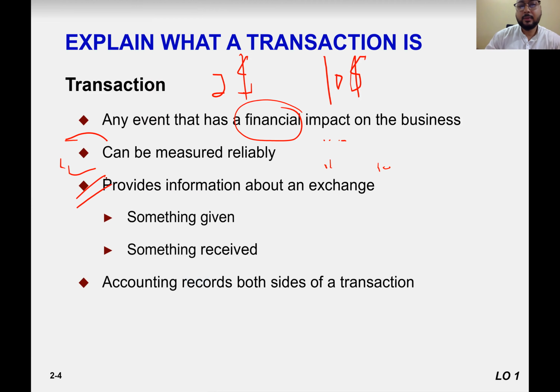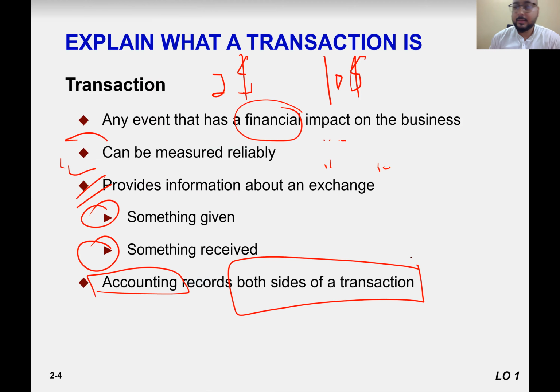And remember, a transaction provides information regarding something given and something received. When you sell the goods, you have given up the goods and you receive money, right? The accounting transaction records both sides. The party who is receiving something, we record that. The party who is giving something, we also record that.